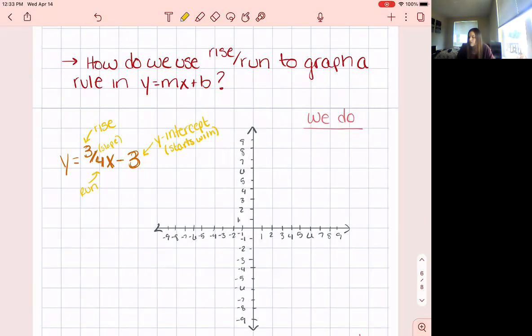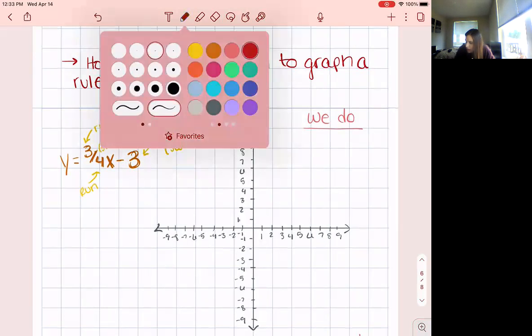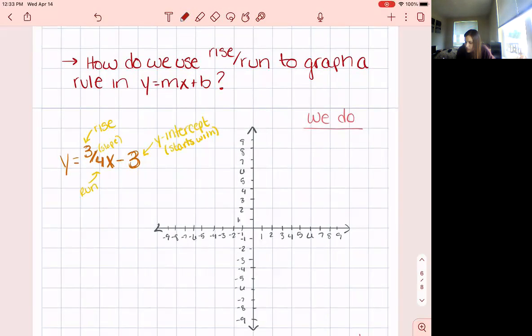Okay, so if we want to graph this line, we start the same way we always do when we're graphing. We start with our starts with, start with your Y-intercept. So if that's at -3, we know that that dot goes right on this line, at the -3. So my first dot is going to be at -3, where I'm going to start graphing.